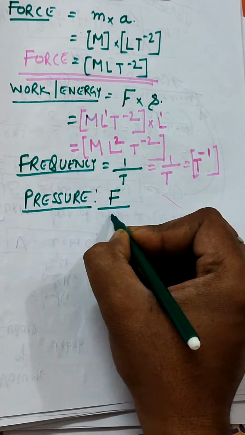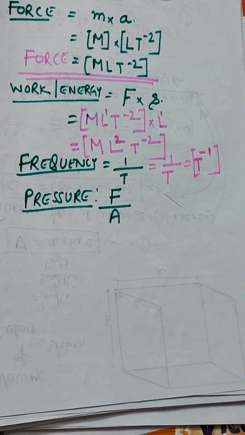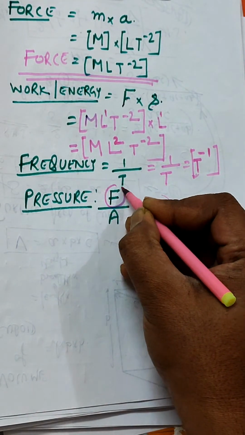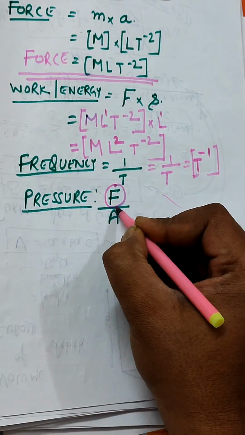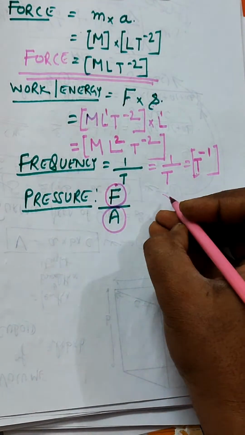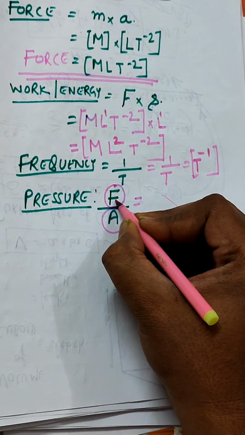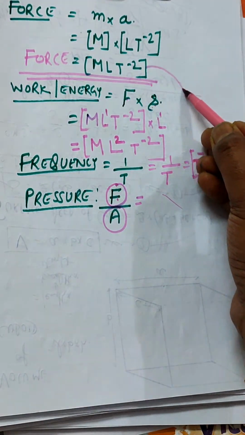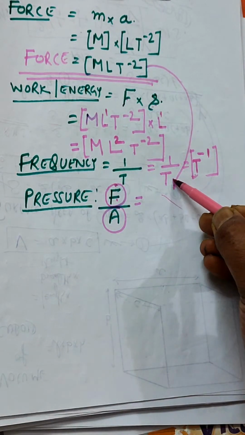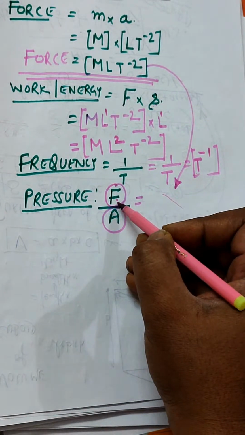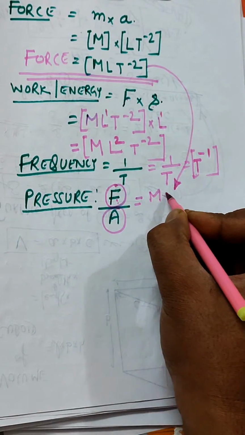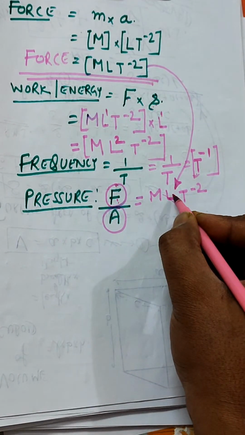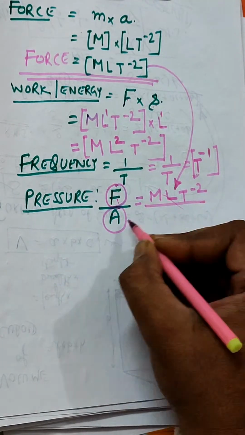So we take the dimension of force divided by the dimension of area. The dimension of force we have calculated, MLT minus 2. Just use it directly rather than finding it again and again. So this will be MLT minus 2 for force divided by area.